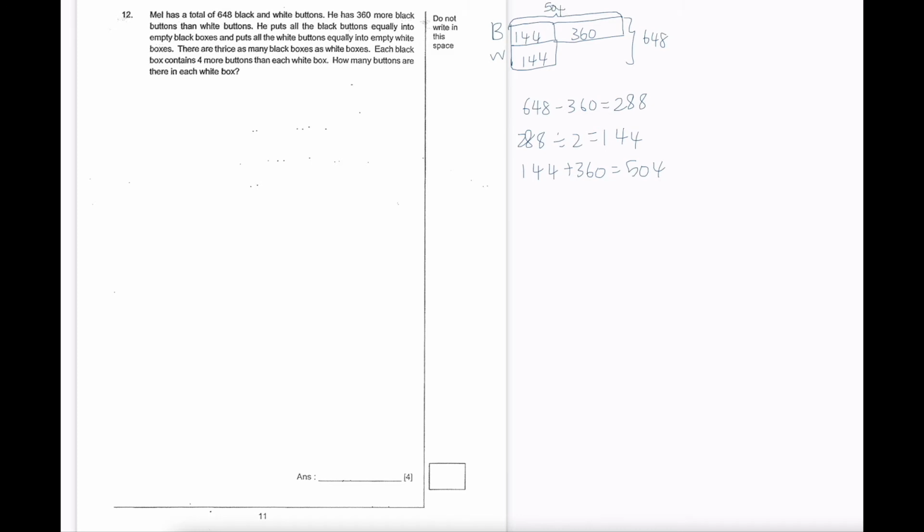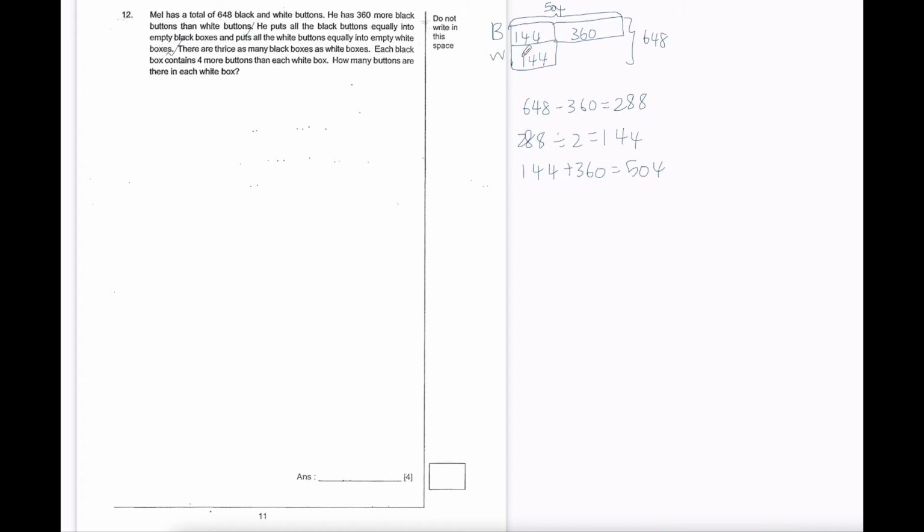Okay, so done. And he puts all the black buttons equally into empty black boxes, while he puts the white buttons equally into empty white boxes. So there are thrice as many black boxes as white boxes. So when they say that they put the black buttons equally into empty black boxes, and the same thing for white, one thing to note is that there are different numbers of buttons for each color.